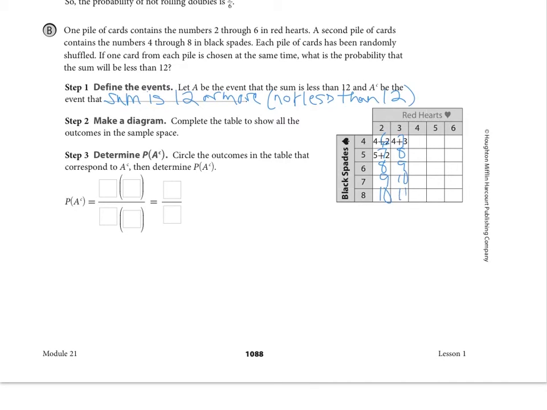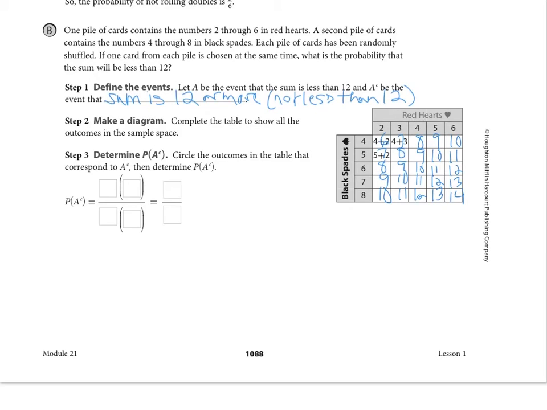So I hope you guys can see the pattern here going across in diagonals. We have the same sum as we go across these diagonals, so let's just fill in the rest of those values here. We've got an 8, 9, 10, 11, 12, 9, 10, 11, 12, 13, and 10, 11, 12, 13, and 14.